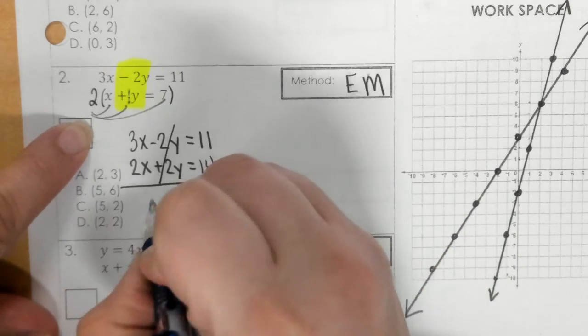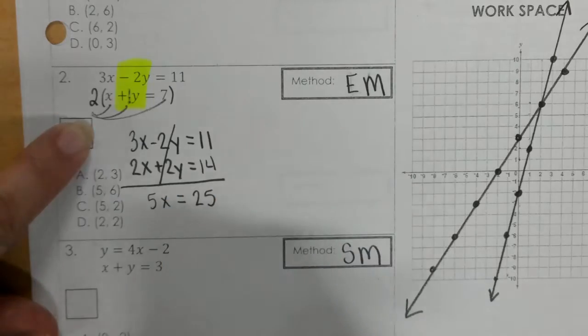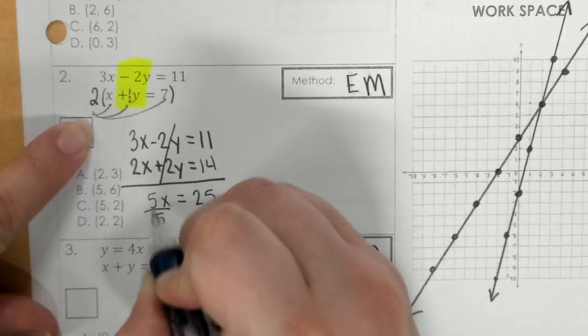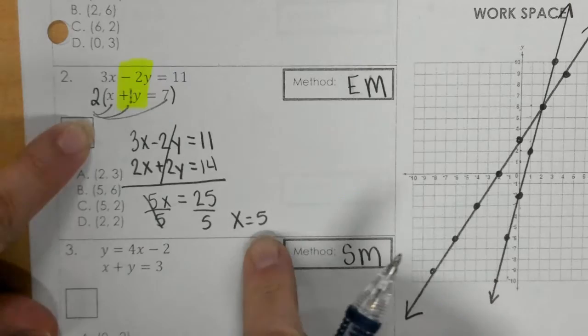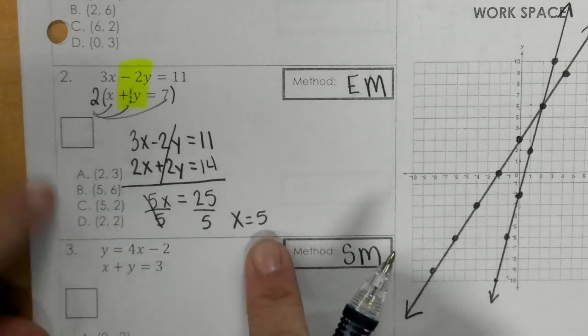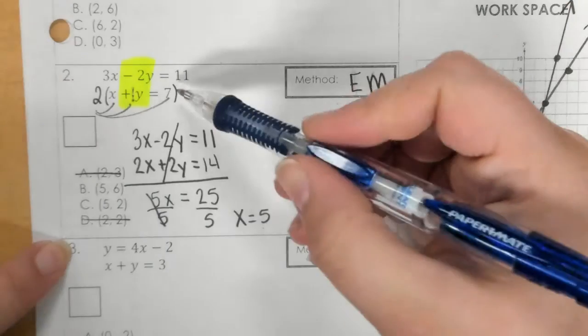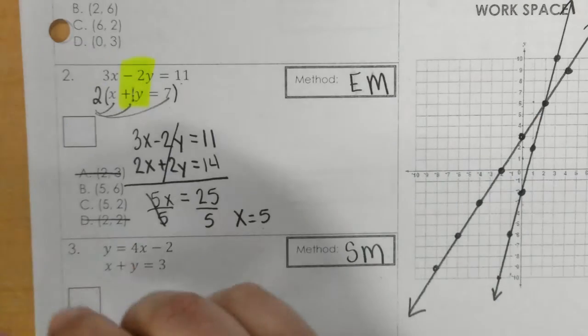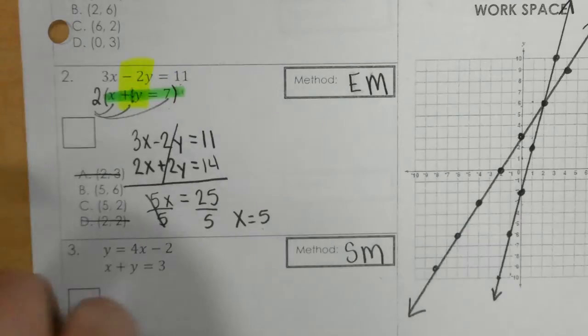Eliminate, and we get 5x equals 25. If I divide by 5, we know x is 5. Okay, so we know it's either B or C. And then I plug that back into one of these equations, and I'm going to pick the bottom equation, x plus y equals 7.